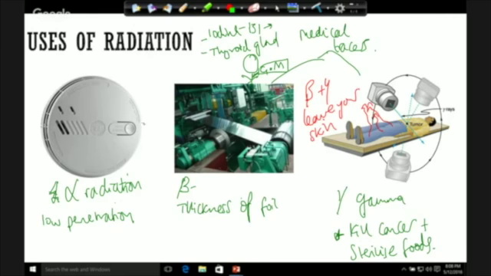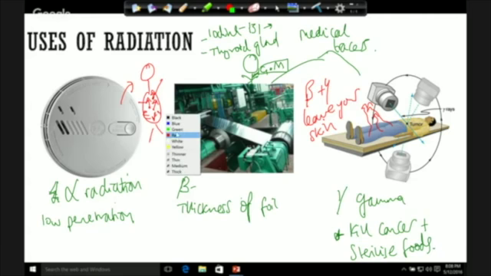Alpha, however, is stopped by paper. If that got into your body, alpha radiation would not be able to get out again. And therefore, that's just going to continue to cause loads of damage inside, whereas the beta radiation and the gamma would be able to go out.